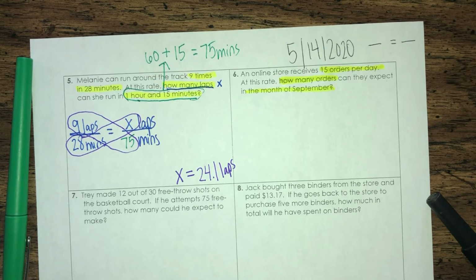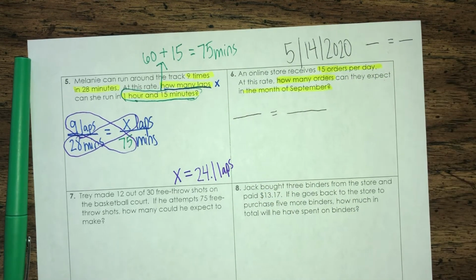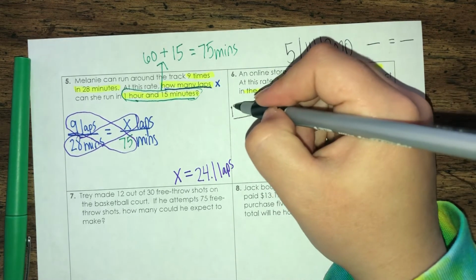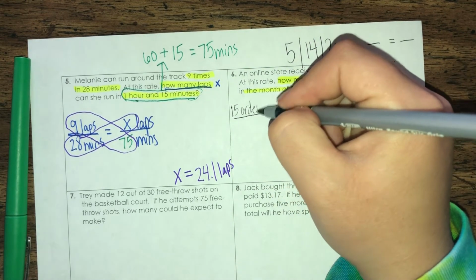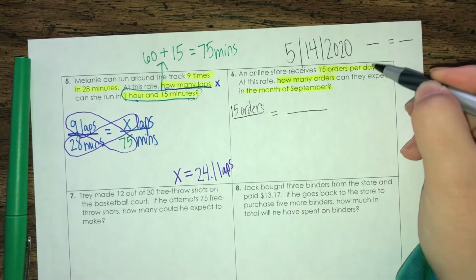So if we take a look at this fraction, we are trying to set it equal to another one. The first detail they gave us is 15 orders per, meaning this is going here, day.